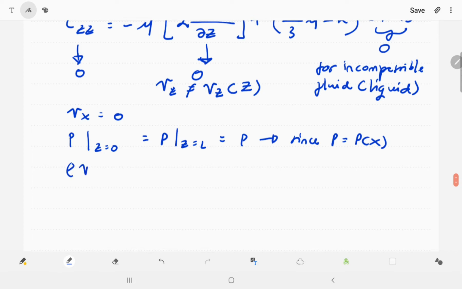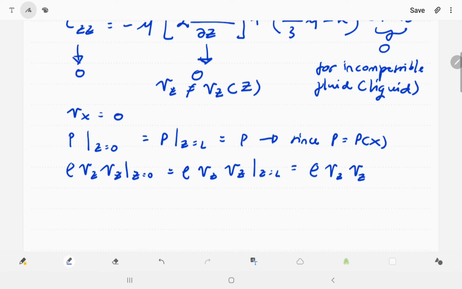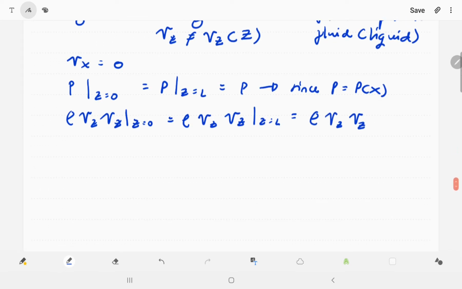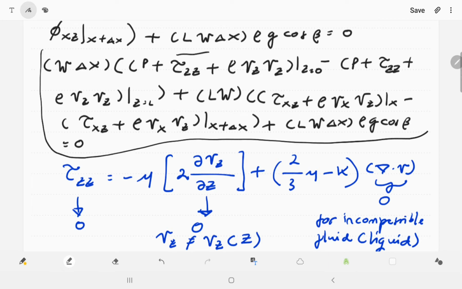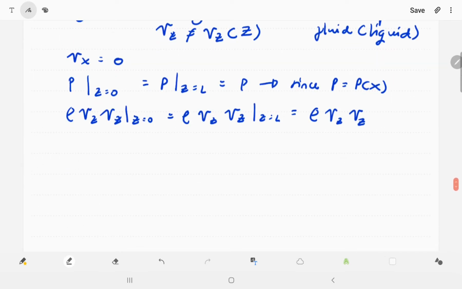Okay. And then rho Vz at z equal 0 is equal rho Vz at z equal L. And this we can just simply remove the symbols, okay, to make it easy. Then we continue substituting all these simplifications into this particular steps that we have. Okay, if we put it in correctly, then we can simplify further.